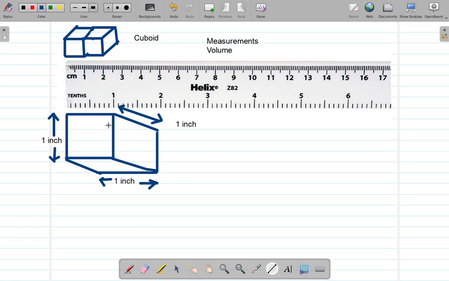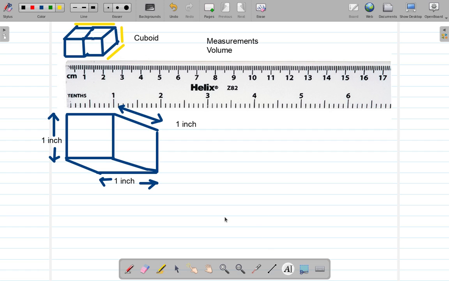Now notice the width of it from here to here is 2. The height is 1 centimeter, the length is 1 centimeter, but the width is 2 centimeters. So what is the volume? Well, you can see that it's supposed to be 2 centimeter cubes here.